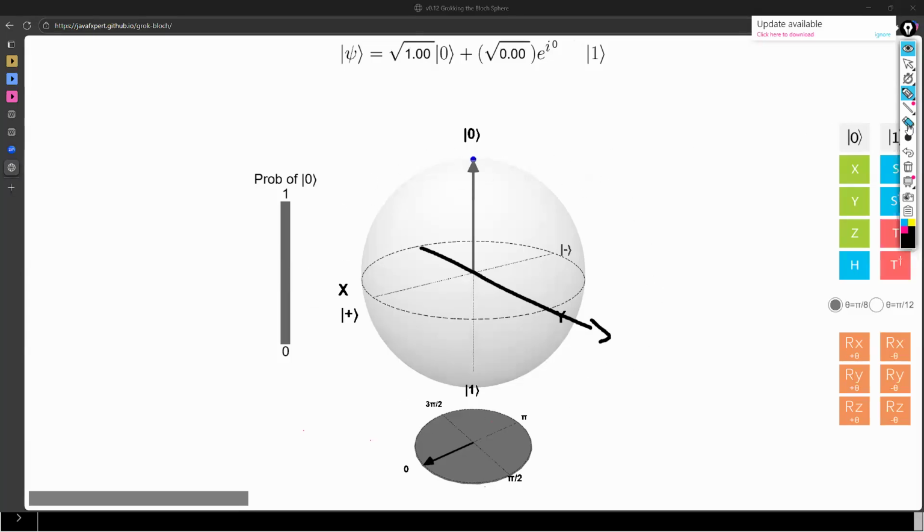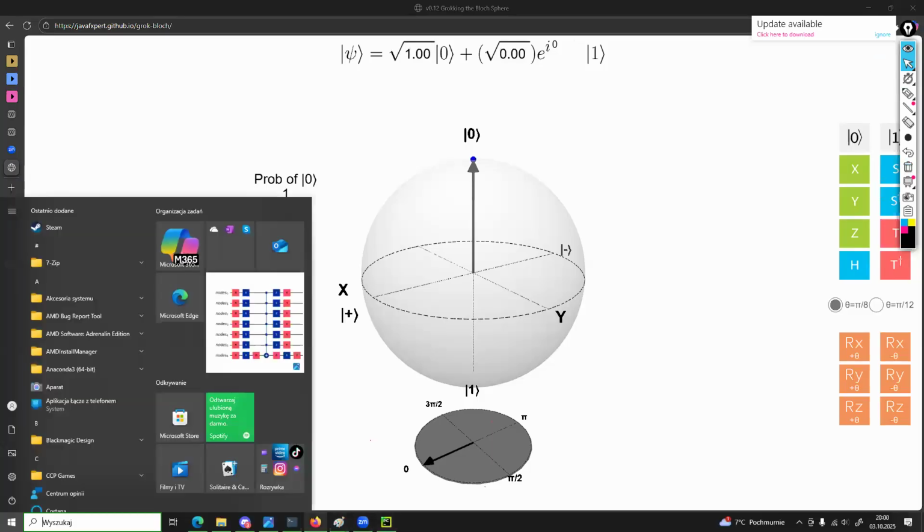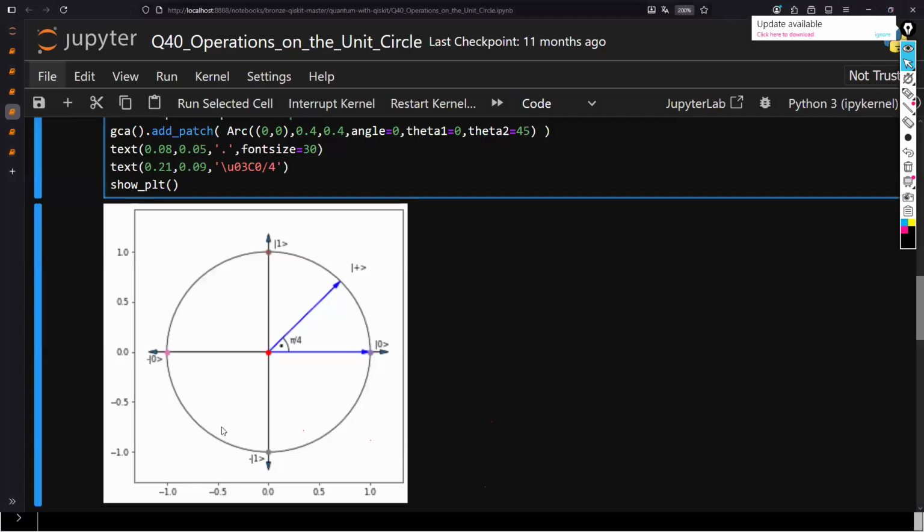So what we will do later is rotate around these axes, even though our representation on the unit circle that we have in notebooks doesn't involve any y-axis, and the axis here will be called slightly different.